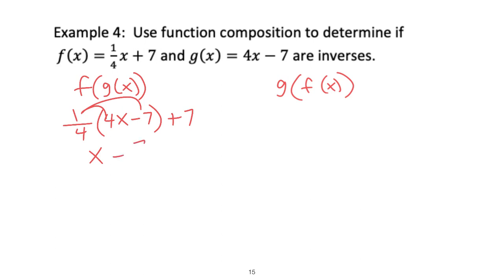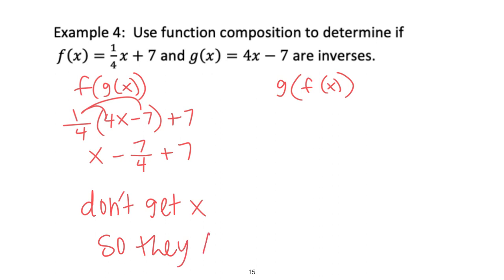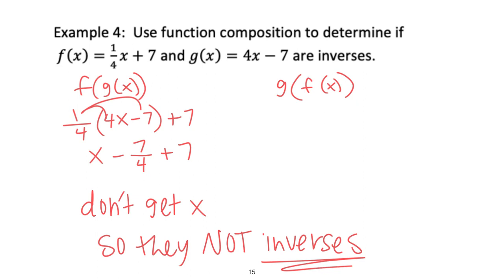It will give you a -7/4, and then this stays a 7. I was thinking these were going to cancel, but now doing that, they do not cancel. So I don't get the answer of x. So they are not inverses. We don't even need to do it the other way because it didn't work on this one.